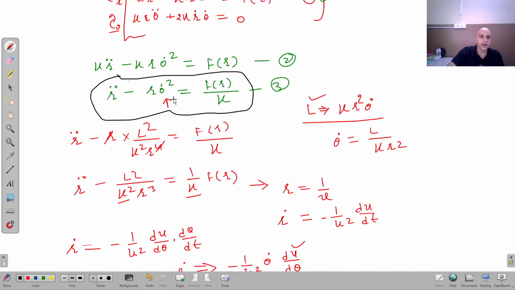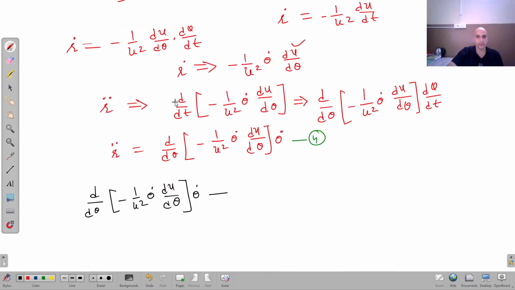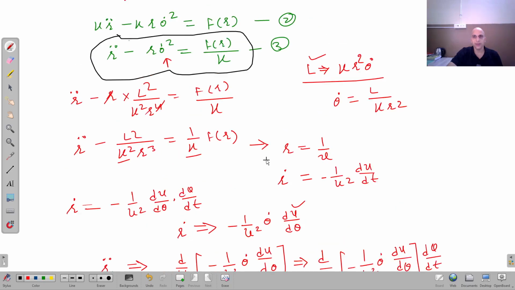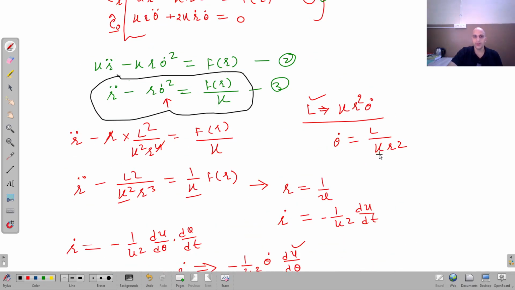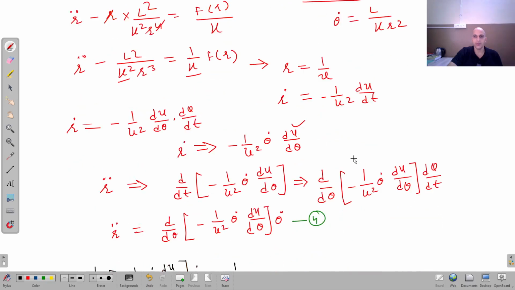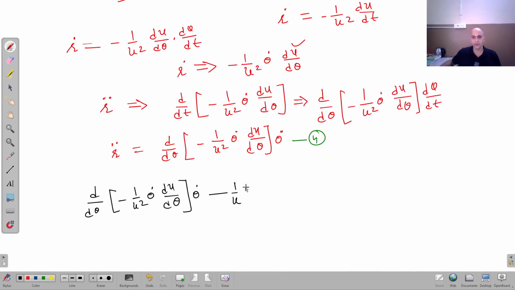Minus, what was there? You can see r theta dash square. R means 1 upon u, and theta dash square is L square upon mu square r power 4.